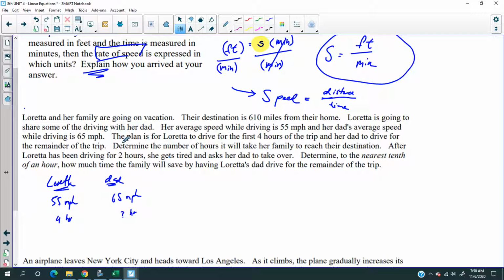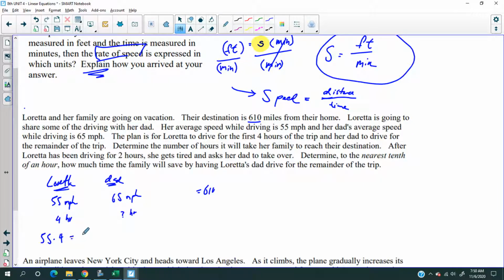And then determine the number of hours it will take. The whole thing is 610 miles from home. So she drives 55 miles per hour for 4 hours. Now, I don't want to set it up as an equation, but if you want to, you can.